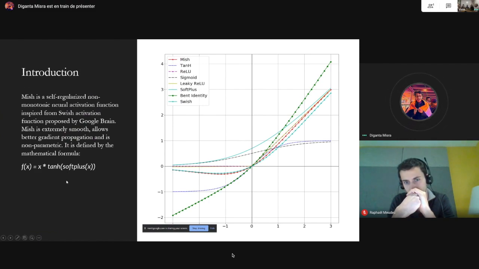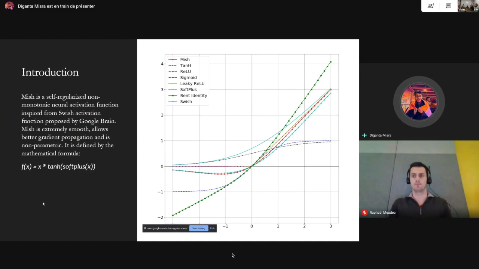This inherits one of the very important properties of Swish, which is called self-gating. That's a very common property in LSTM networks. According to the Google Brain authors who wrote the paper for Swish, self-gating is the property in an activation function where the input is multiplied with the input modulated by a nonlinear function.